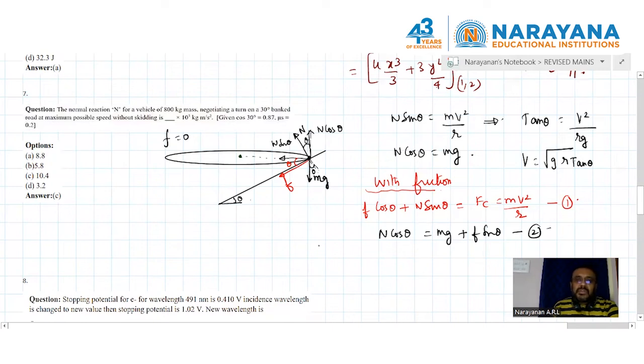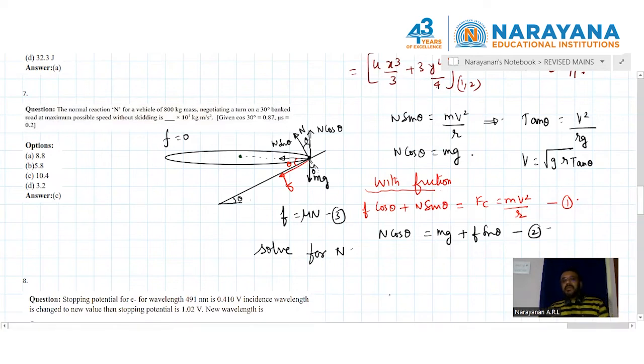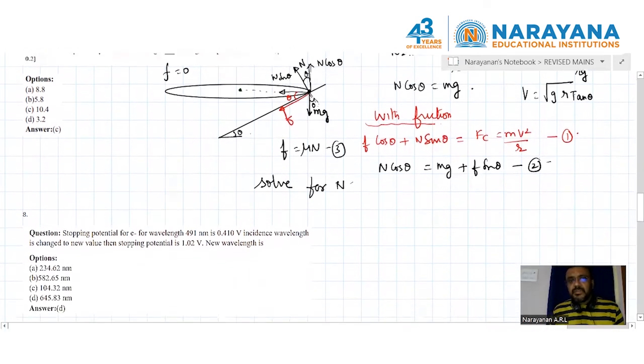Now f is equal to mu N, equation 3. Now you solve for N or v. The information I have given is in general; as per the given requirement, you can solve.